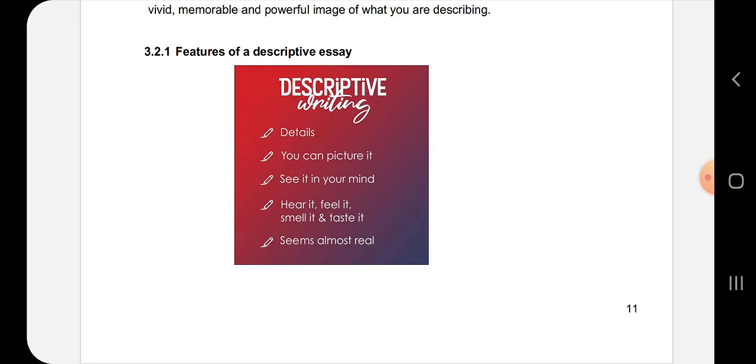Okay. And then features of a descriptive essay. There's detail. It has to be detailed. You must be able to picture it as a reader, see it in your mind, hear it, feel it, smell it, and taste it, because whatever has been described is described so clearly that you feel like it's almost real.